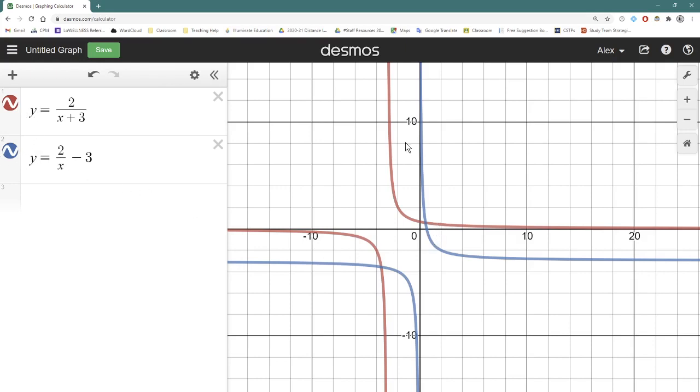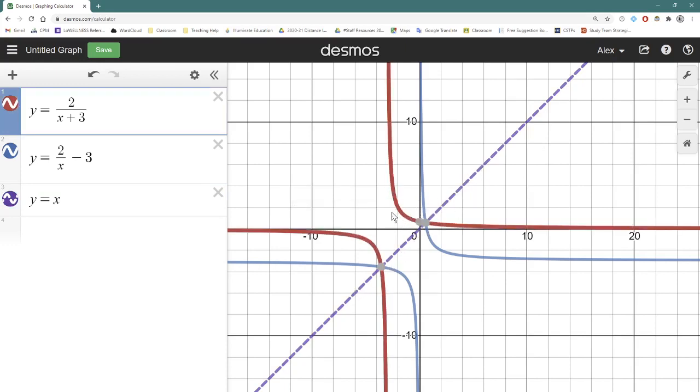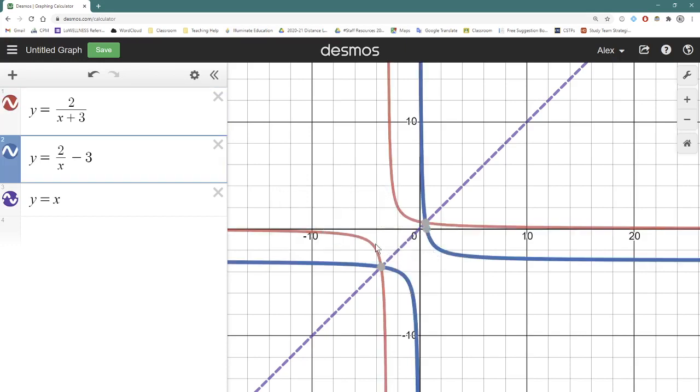Let's actually plot y equals x as well. So y equals x is right here. We can see that if I was to fold this red graph over this purple line, this little bump over here will land on top of the blue one here. And same thing with this red one will land on top of this blue one.